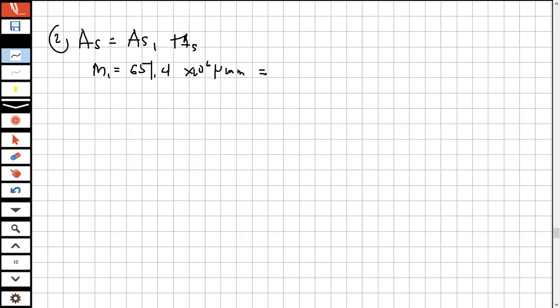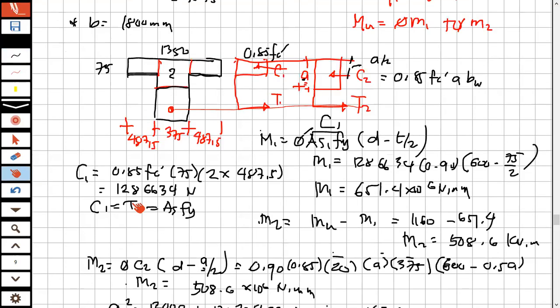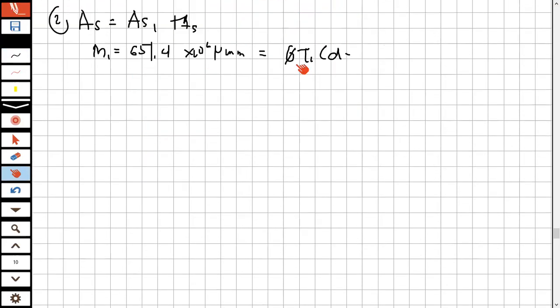We can equate this to compute As1: phi Ts1 times d minus t over 2, thickness. d minus 75 over 2. So from here, you have 0.9 times As1 times fy. What is fy? 345.6.